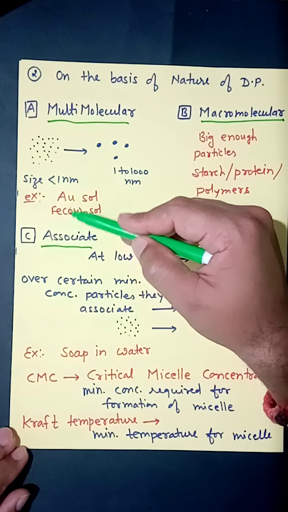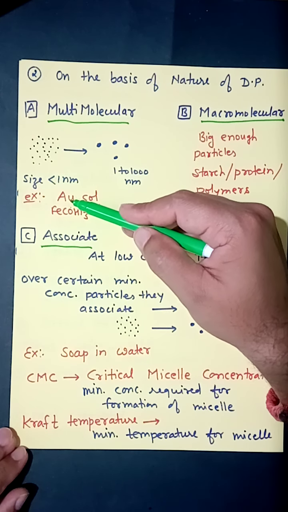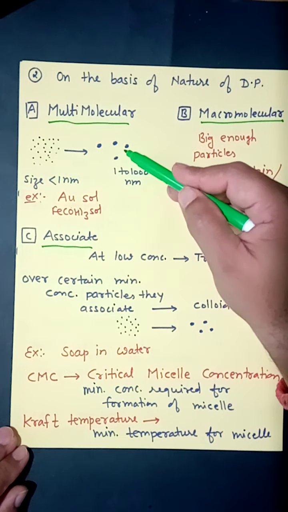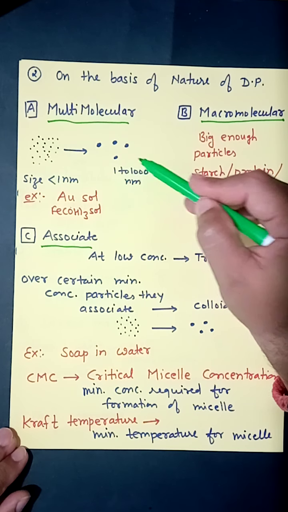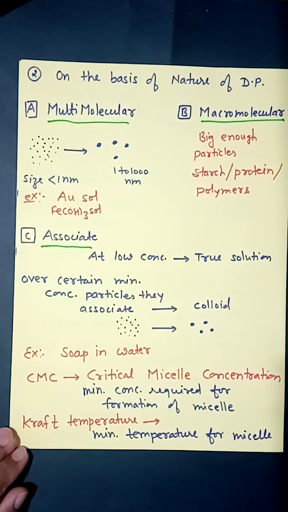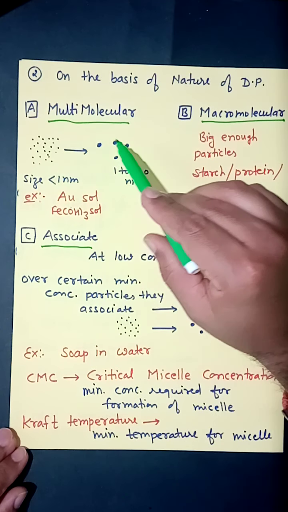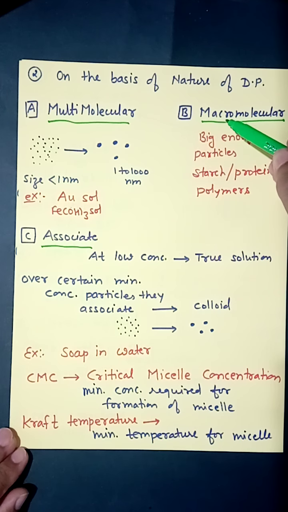As we know that individual particles are very small, so if it is a colloid, then the particles must aggregate to form big enough particles so that they have dimensions between 1 to 1000 nanometer. So multimolecular particles aggregate to form bigger particles. Second is macromolecular. Macro means big.